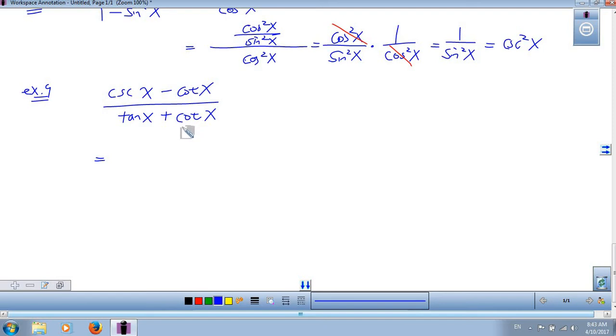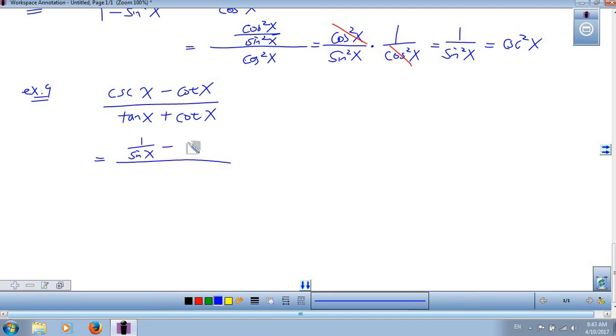There are several ways to deal with this, but cosecant is the reciprocal of sine. Cotangent is the reciprocal of tangent, or cosine over sine. Tangent is sine over cosine. So one way is to rewrite everything using sine and cosine. So let's see what happens after we do that.